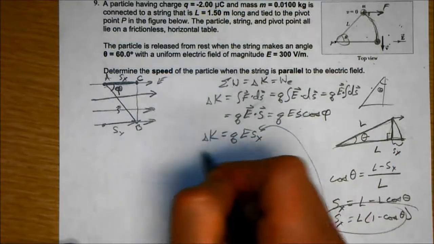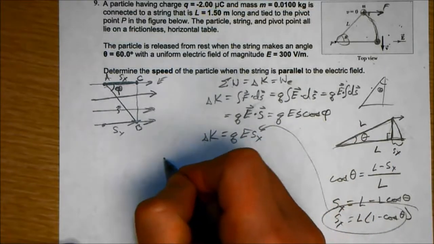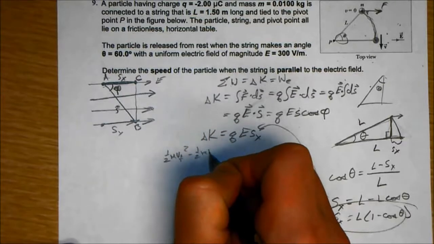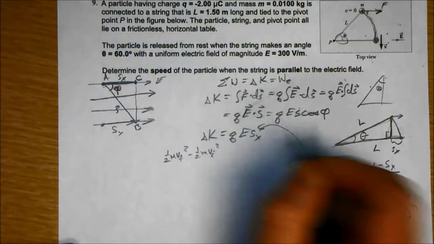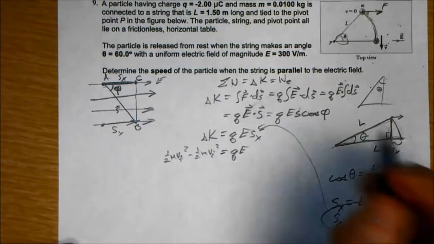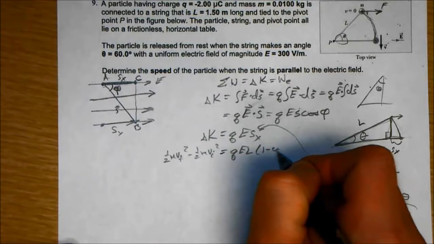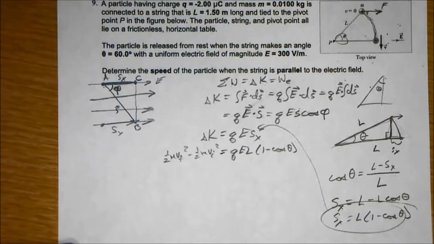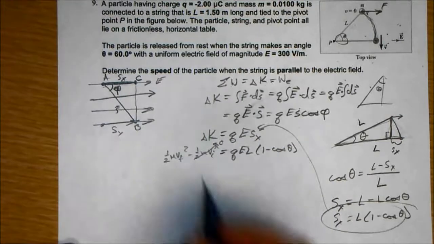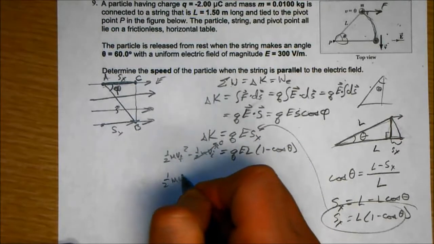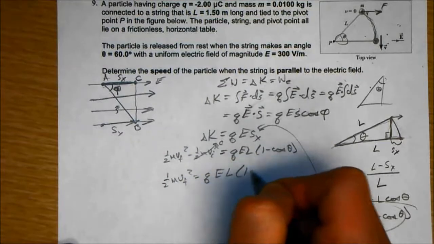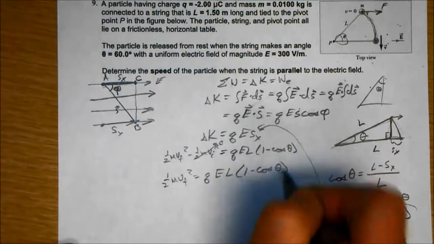I can put that in. The change in kinetic energy is 1/2 m v final squared minus 1/2 m v initial squared, equal to Q E L times 1 minus cosine of theta. I just plugged in for Sx. The initial velocity, since it starts at rest, is 0. So 1/2 m v final squared is equal to Q E L times 1 minus cosine of theta.